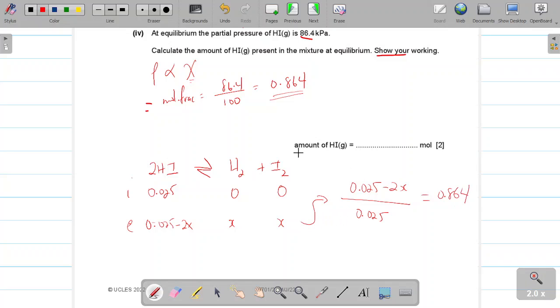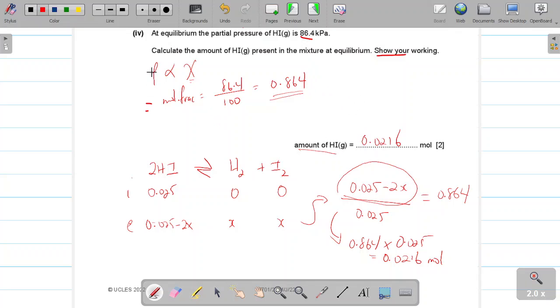Therefore, the amount of hydrogen iodide gas present is given by the numerator in our expression here. All we need to do is cross multiply, so 0.864 multiplied by 0.025, and this gives us 0.0216 moles. And that is the amount of hydrogen iodide present.